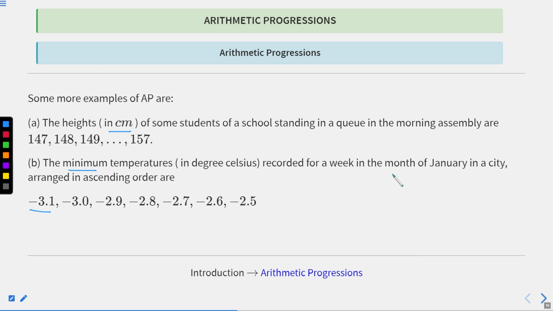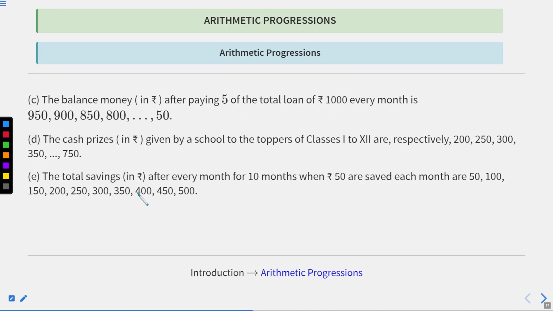In the third one, the balance money in rupees after paying 50 of the total loan of rupees 1000 every month is 950, 900, 850, 800, ..., 50. In the fourth one, the cash prizes in rupees given by a school to the toppers of classes 1 to 12 are respectively 200, 250, 300, 350, ..., 750.